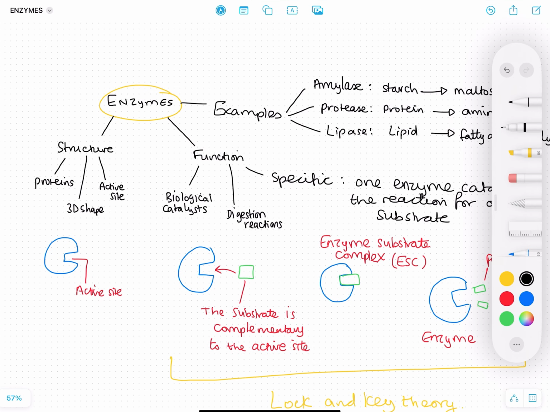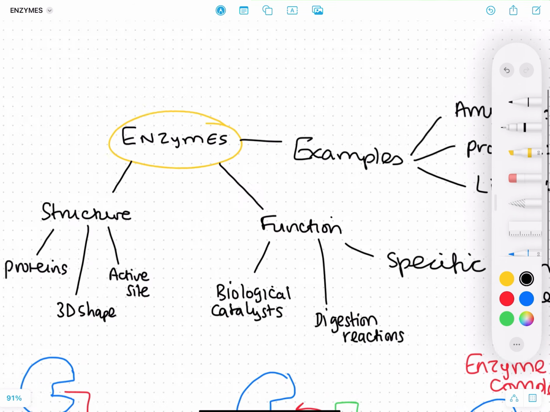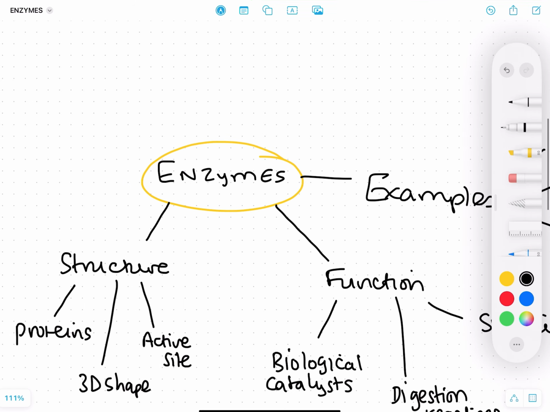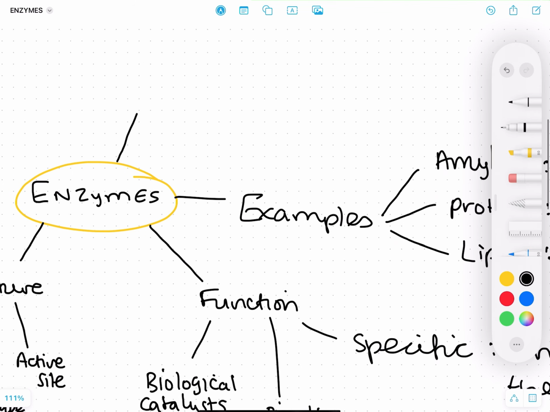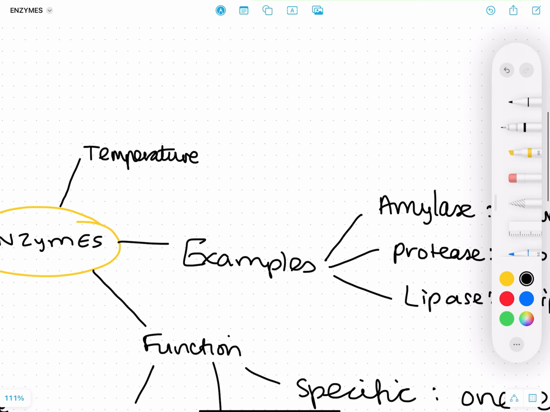Enzymes are affected by different conditions. Temperature and pH have to be correct for enzymes to work the best. The temperature at which enzymes work the best is called the optimum temperature.